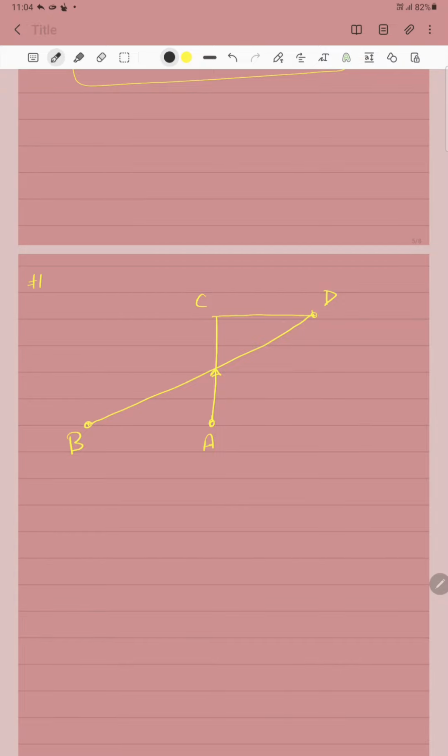But in this question some information will be given, like this angle is 30 degree, this side is 4 meter, and this will be suppose 2 meter. How you find displacement? Just remember, A is your initial point, right, and B is your final point, okay?